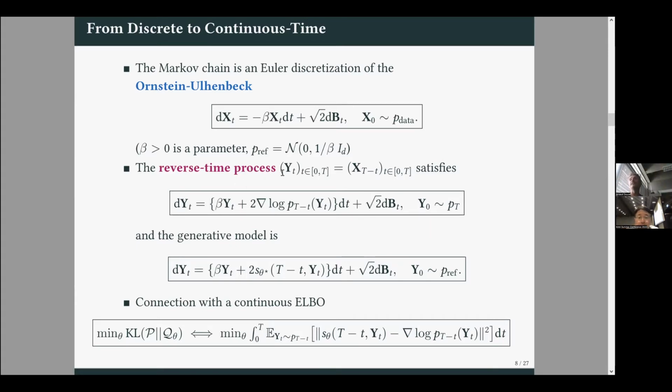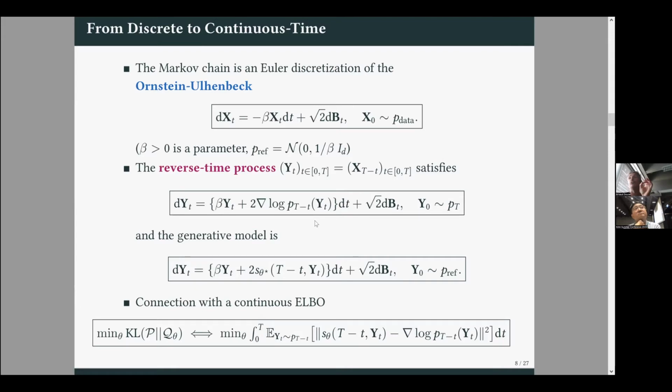So I define this time reversal process. It has been shown by probabilists that it is also a diffusion process. And it is a diffusion process whose drift depends on the intractable score of the forward process.